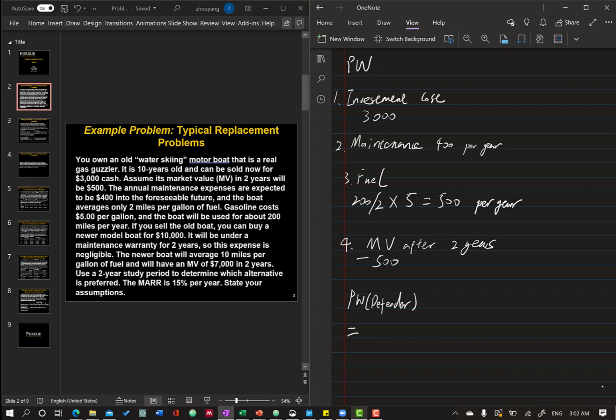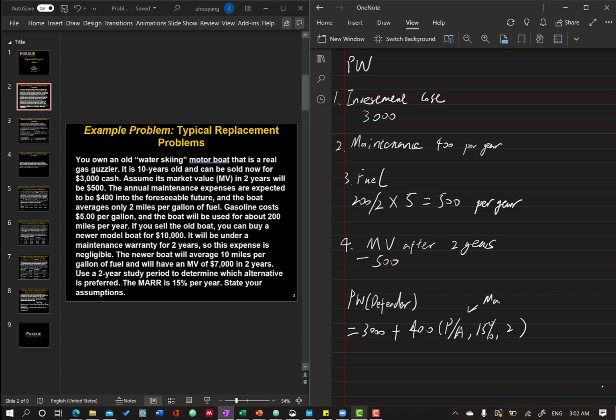the investment cost, 3,000, plus the maintenance cost. Since it's an annuity, we need to change it to the present worth. So given the annuity 400, find the present worth given 15% for 2 years.